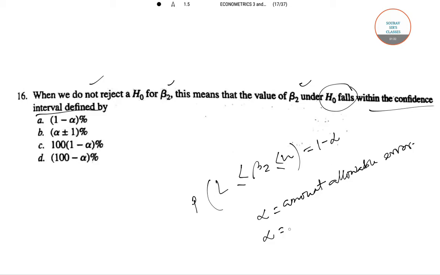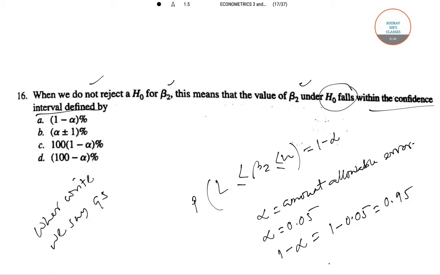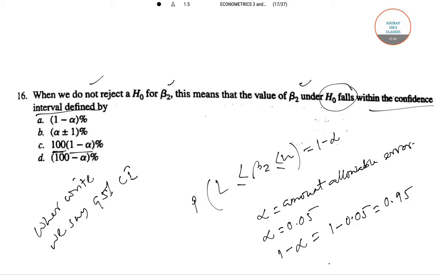If alpha equals 0.05, then 1 minus alpha equals 0.95. But when we say 95% confidence interval, we multiply 1 minus alpha by 100 and put a percentage sign. So this is the correct answer. The correct answer is option C.